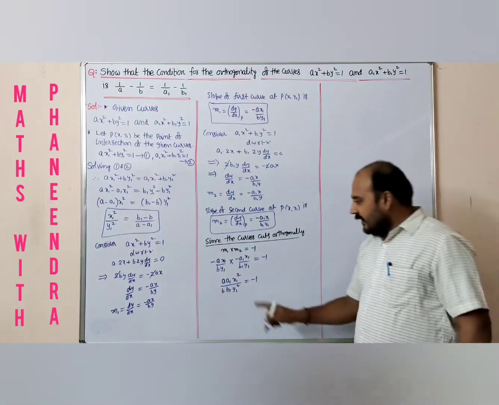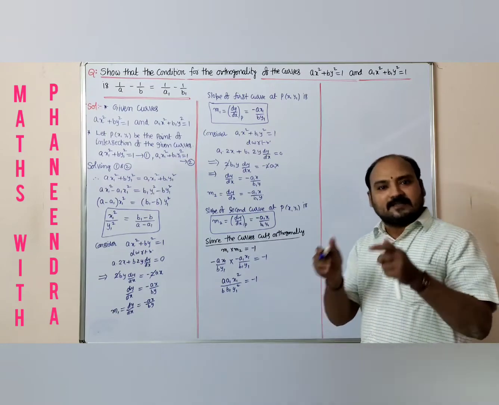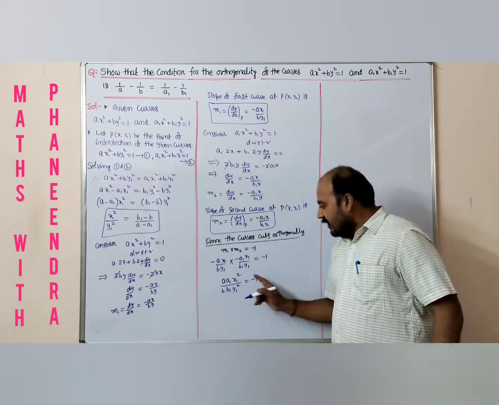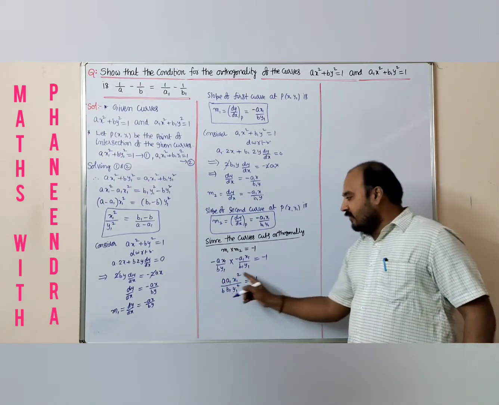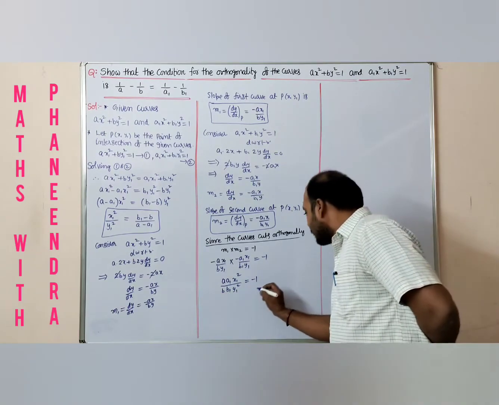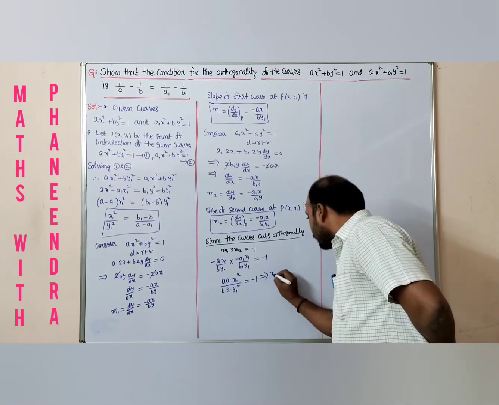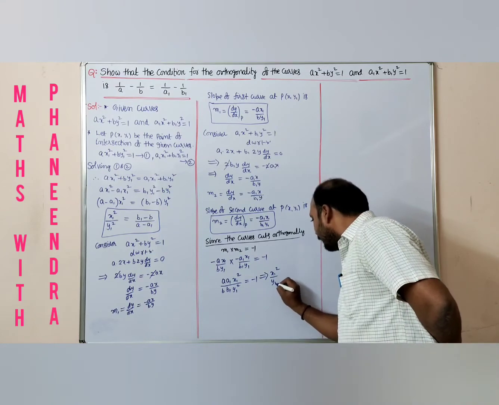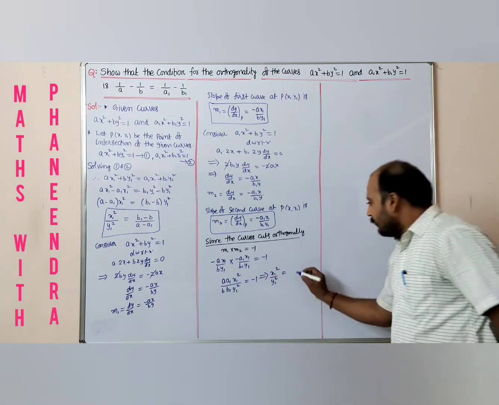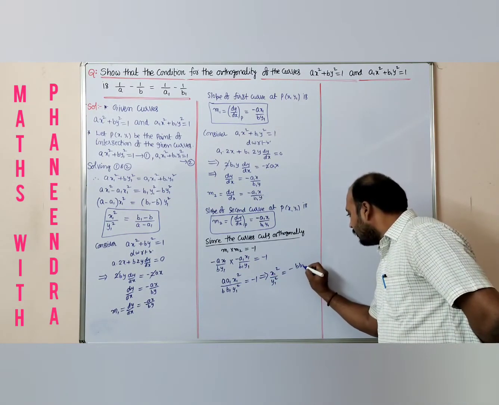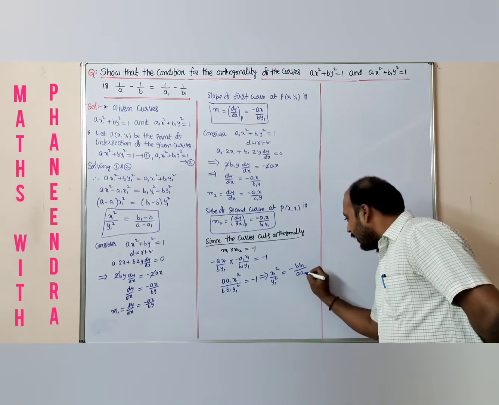But I want x1 square by y1 square as the subject. So b1 value we can take this side, a1 value we can take this side. From this we will get x1 square by y1 square is equal to minus b1 divided by a1.